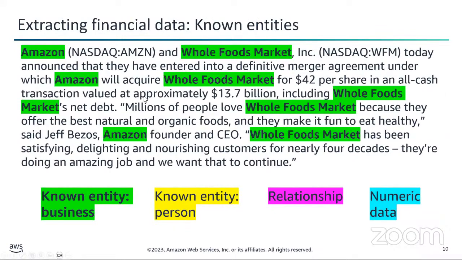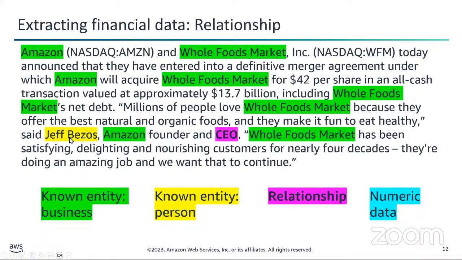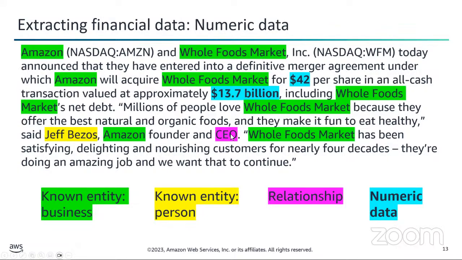It has to highlight, like in green, these known entities: Amazon, Whole Foods Market, and Amazon. These are the business entities. Then the known entity, for example, Jeff Bezos is a known person. Then the relationship, founder and CEO, and the numerical data like $42 per share, and then this $13.7 billion.